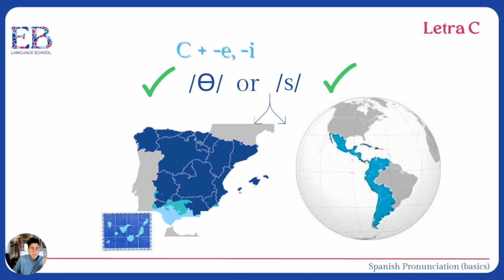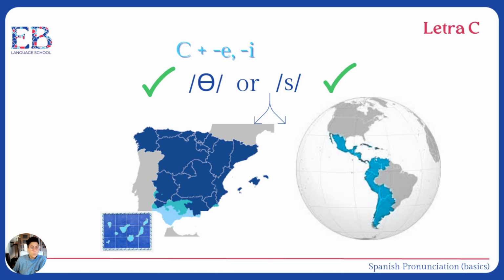As you can see, in the north-central part of Spain, we have here the navy blue. That navy blue identifies the most characteristic sound, this th. But in the south region, also the Canary Islands, they pronounce s. Both sounds are correct, so you can pick the one you prefer.